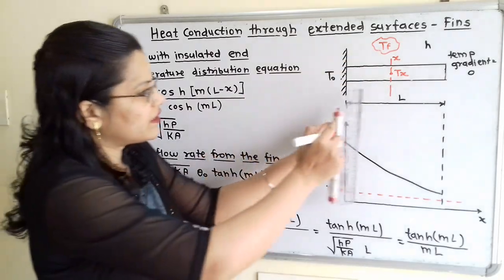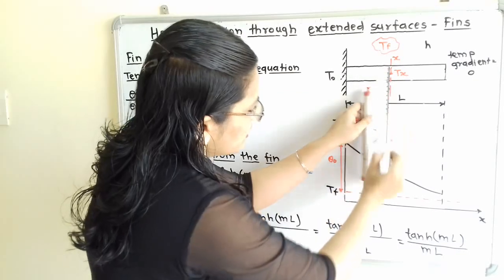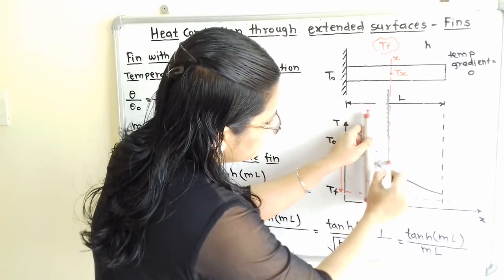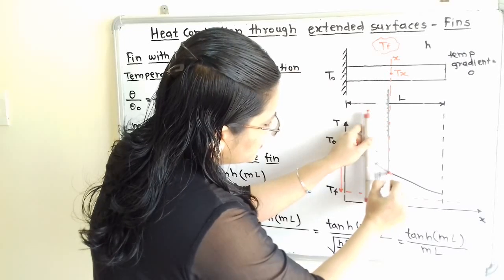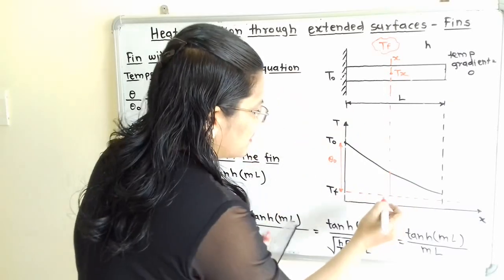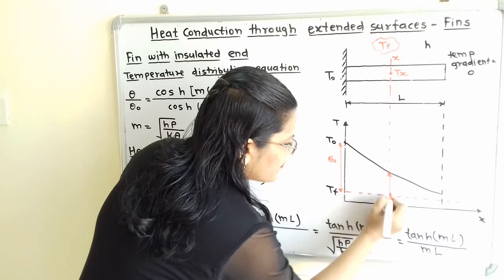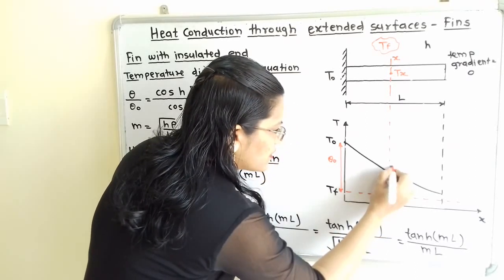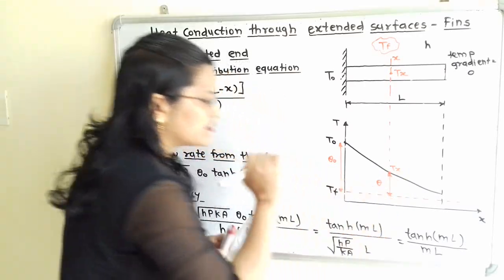So I will extend this construction line. Here is the temperature Tx and here is the temperature Tf. This temperature difference is known as theta.